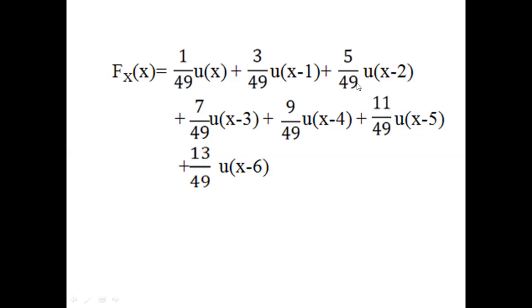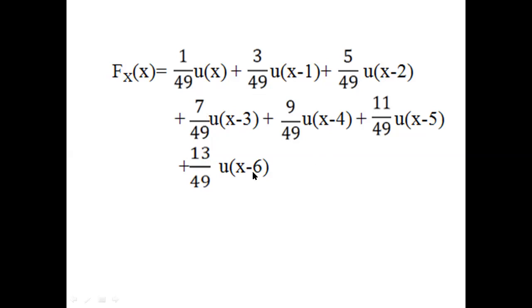That means 9 by 49. That means here we are taking the previous probabilities also. At 3, we are getting the distribution function as 1 by 49 plus 3 by 49 plus 5 by 49 plus 7 by 49. That means 16 by 49. And so on like this.